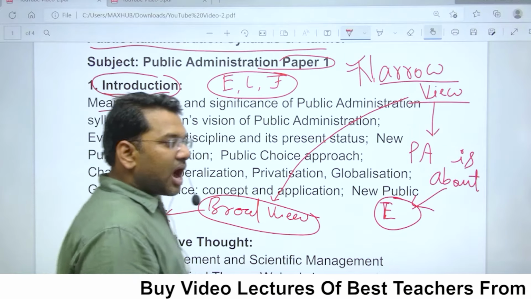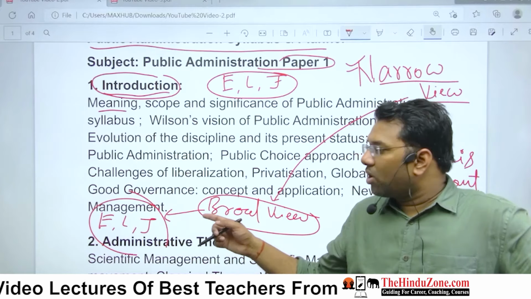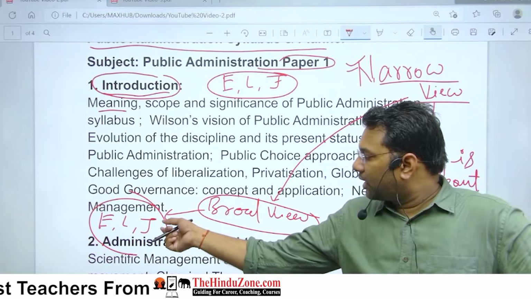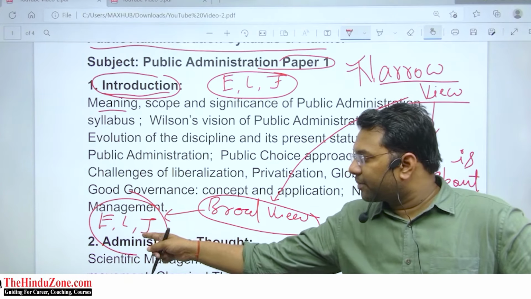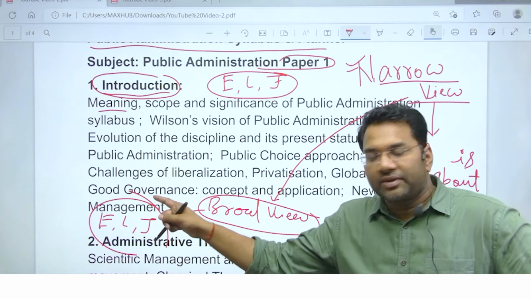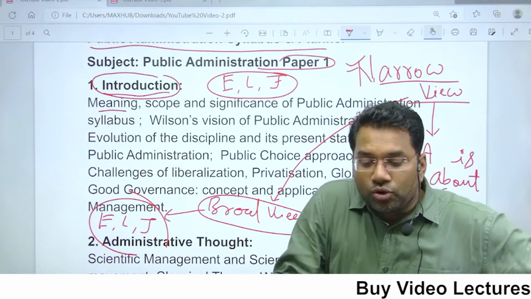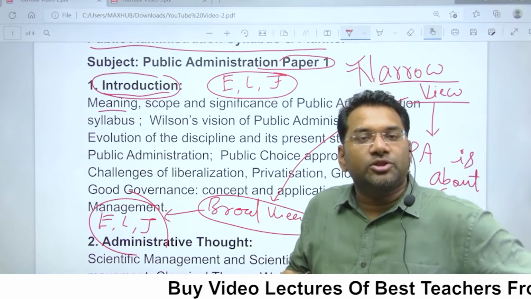That means under the definition of public administration, all these components, we can say the organs of the state, will be coming. E will also be coming. The public administration will be dealing with E. The public administration will be dealing with L, that is legislature. How the parliament is making laws will also be dealt with by public administration.